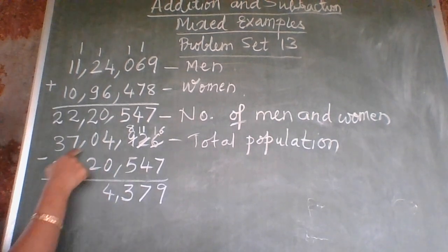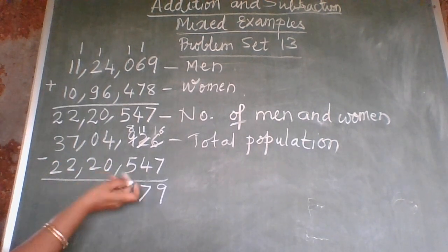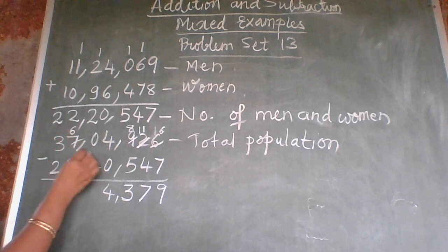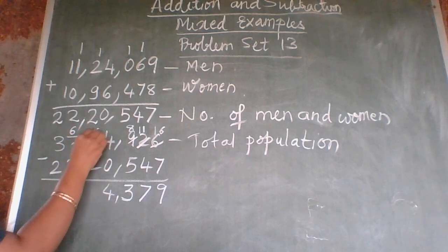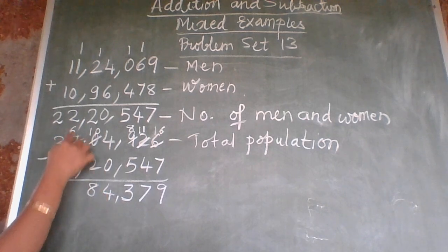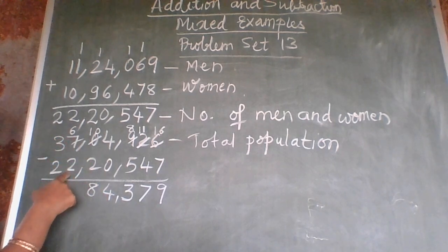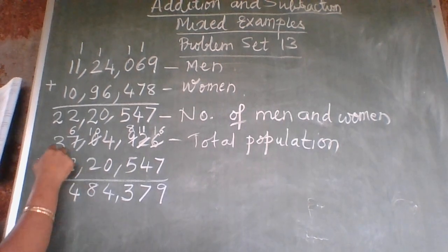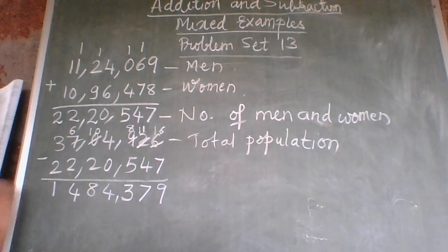Now here this is 0, which is less than 2. So that means we have to borrow from 7, and once you borrow from 7, this will become 6. This will become 10. So 10 minus 2 is nothing but 8. 6 is greater than 2, so we can easily subtract, that is 6 minus 2 is equal to 4. And now 3 minus 2 is equal to 1.